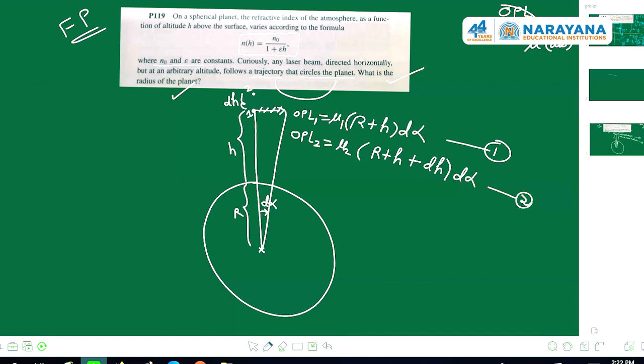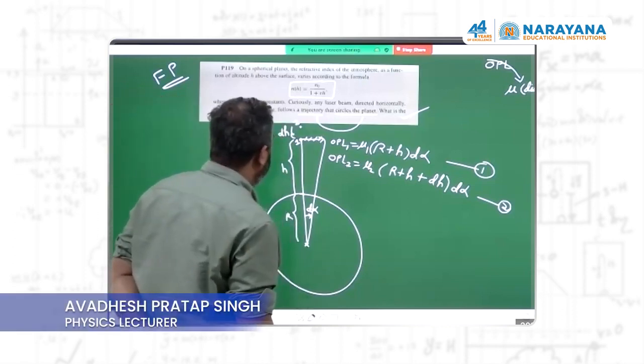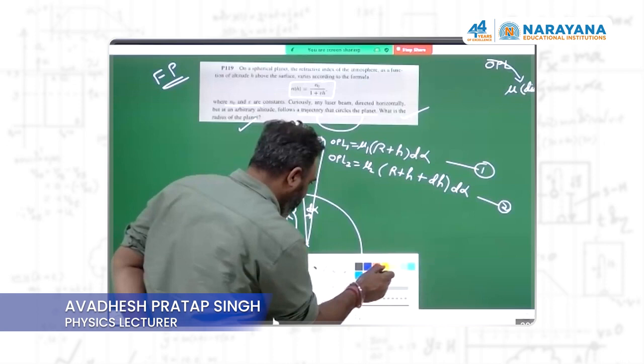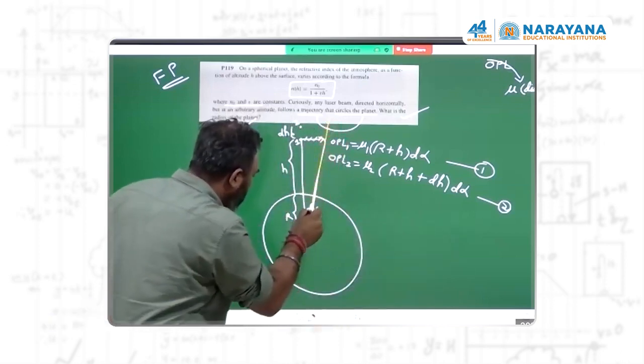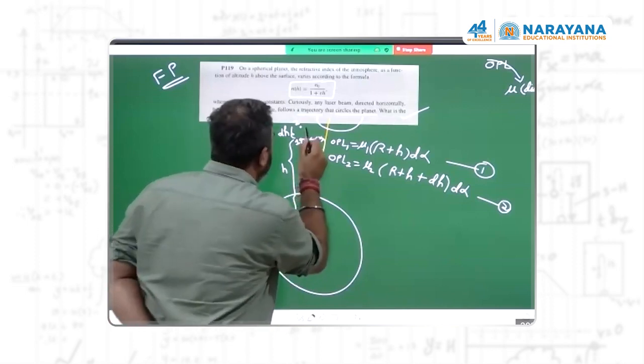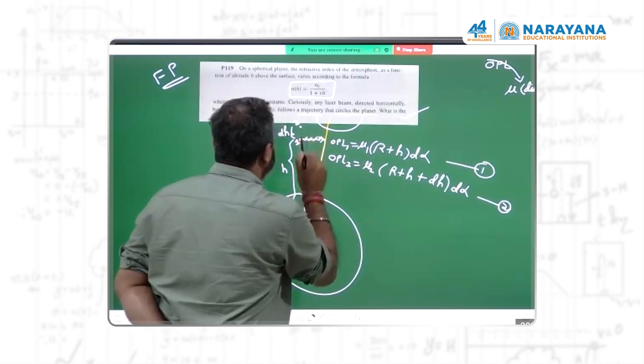And we understand, for them to still remain on the same normal, the optical path length of these 2 points should be the same.